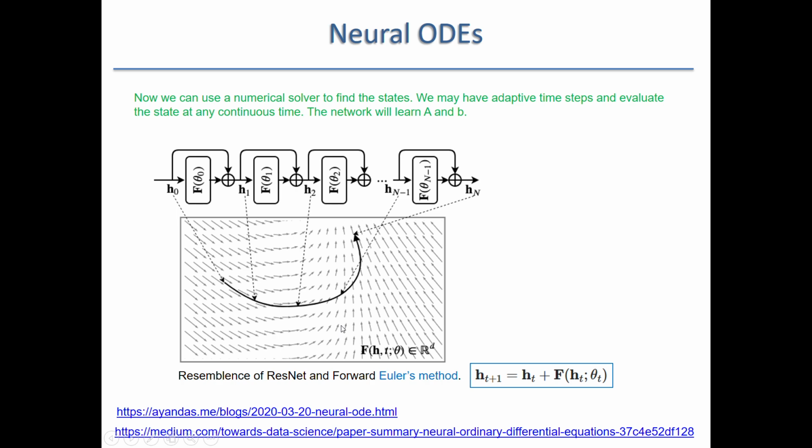And then if we want to solve the equation numerically, for instance if we apply Euler's method, the next state will be the current state plus f. This is somehow the same kind of equation that we have graphically in ResNets. In a ResNet, you have an internal state, and then what you have here is the addition of the internal state plus some function that acts on this internal state.